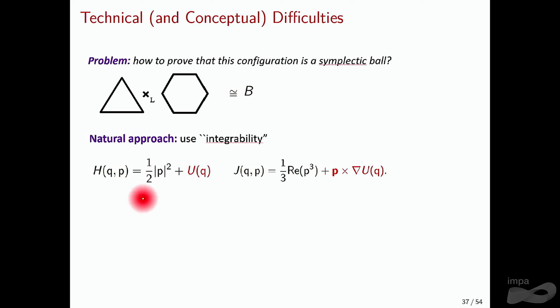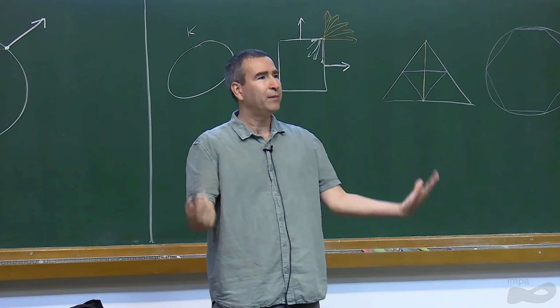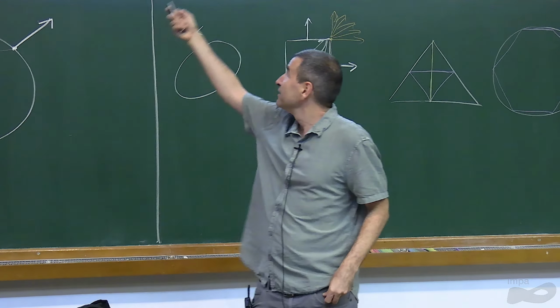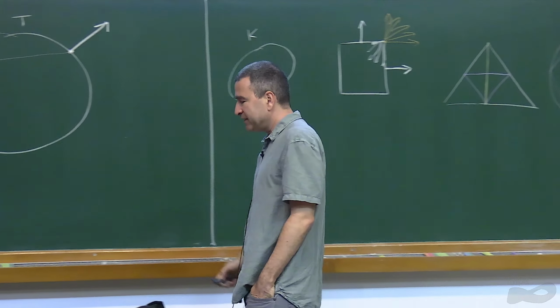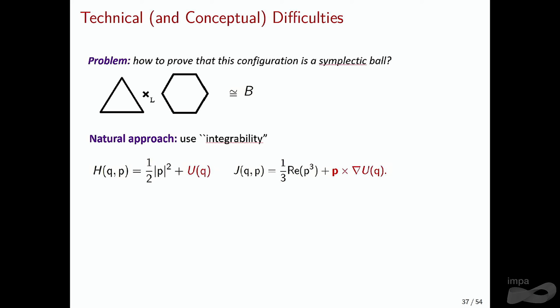And then use the particular symmetry of the triangle to come up with another Hamiltonian function. So there is a natural guess how to continue from this point, how to cook up two commuting Hamiltonian functions that describe, or are closely related to, this particular dynamical system.